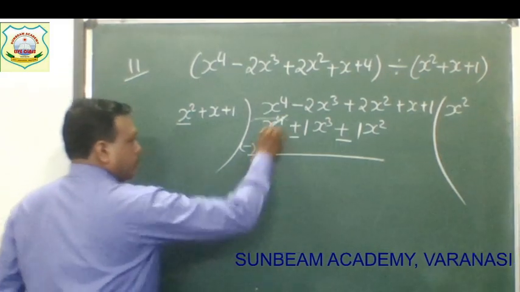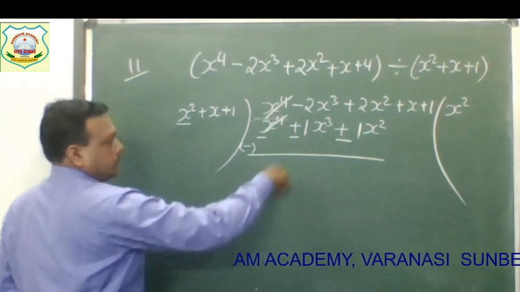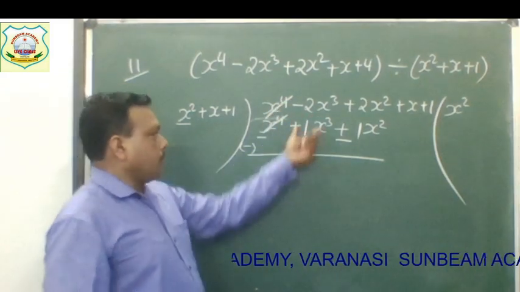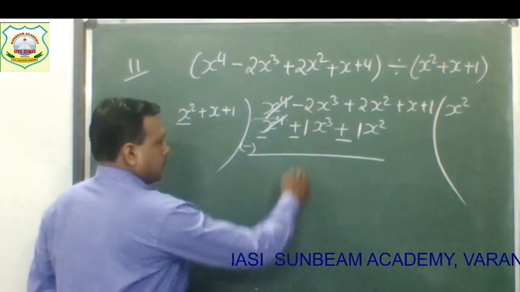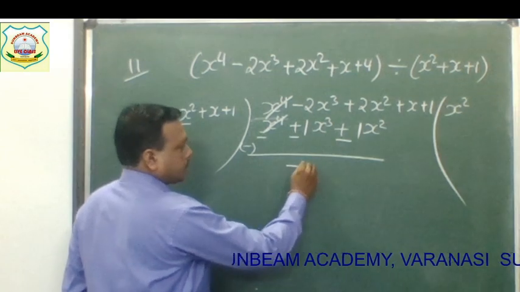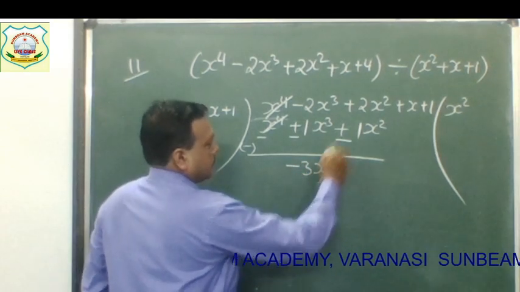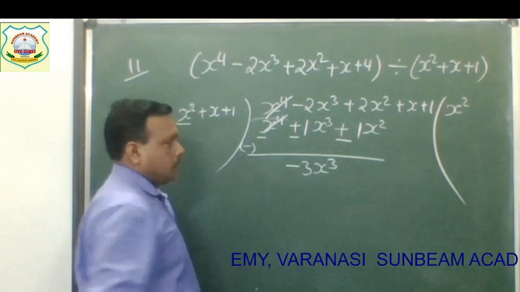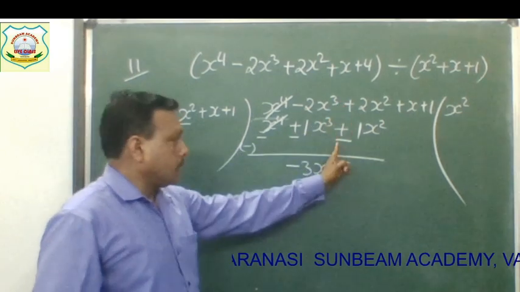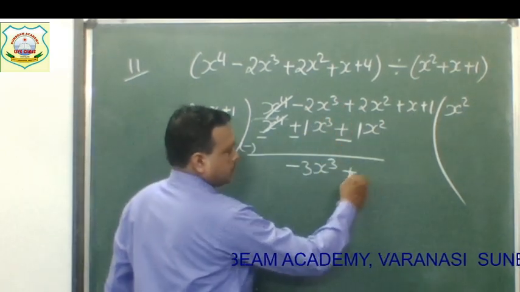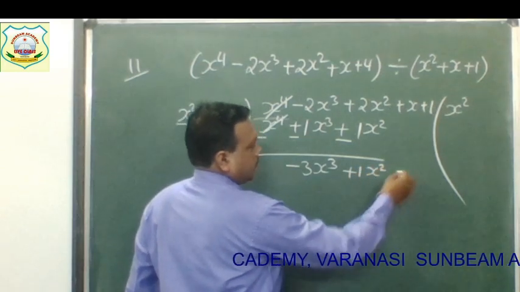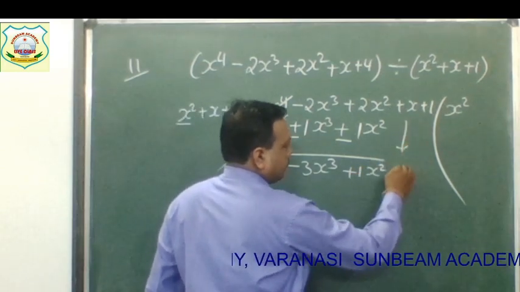So x power 4 and x power 4 cancel. Minus 2x cube and minus 1x cube gives minus 3x cube. Plus 2 and minus 1 gives plus 1x square. Now bring down plus x.